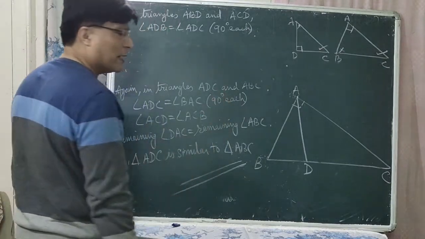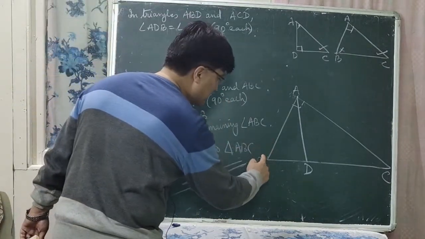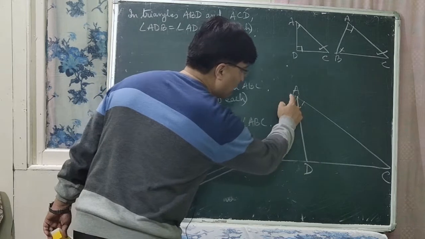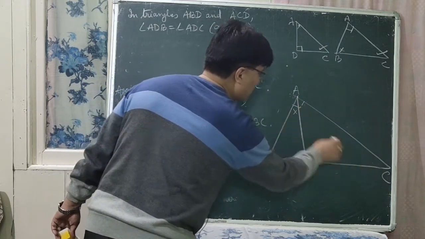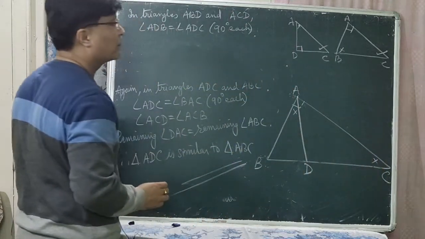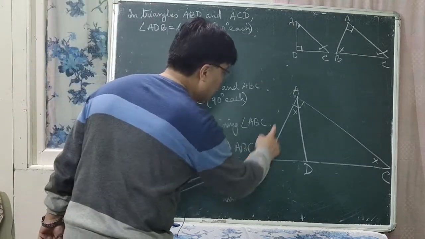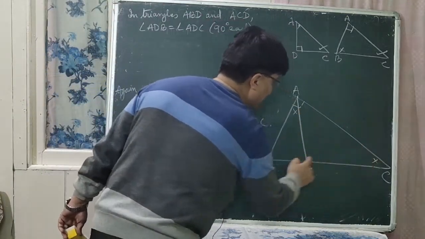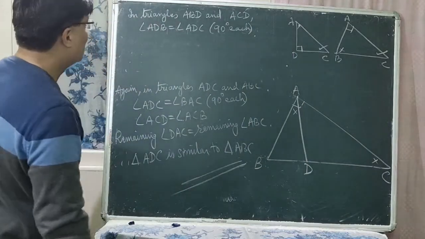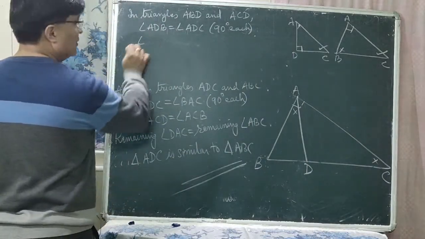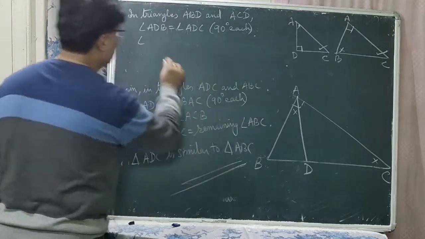So in the previous part we have proved that angle BAD is equal to angle ACD, right?